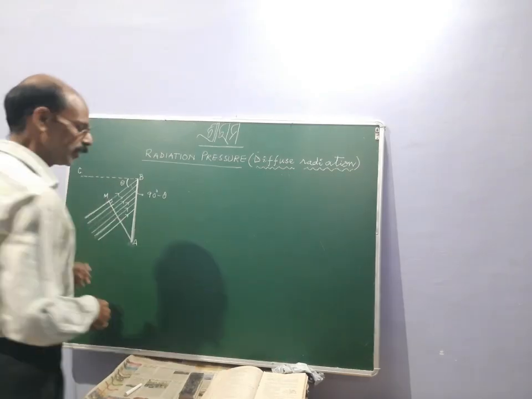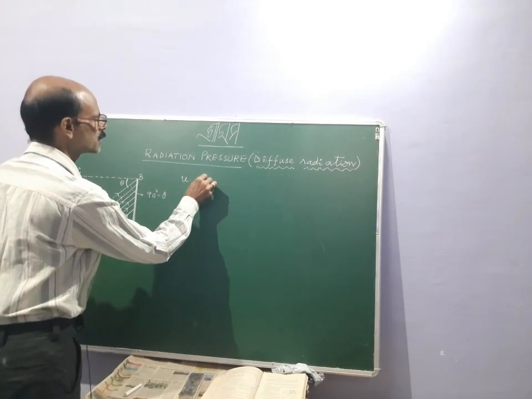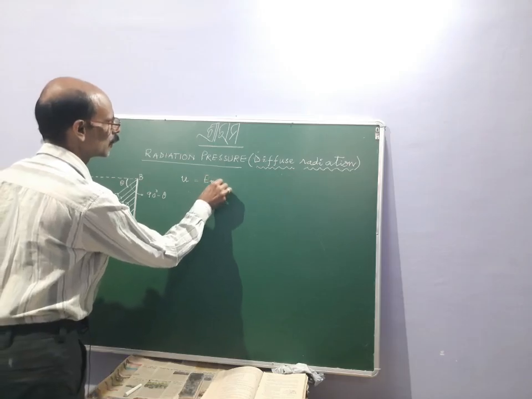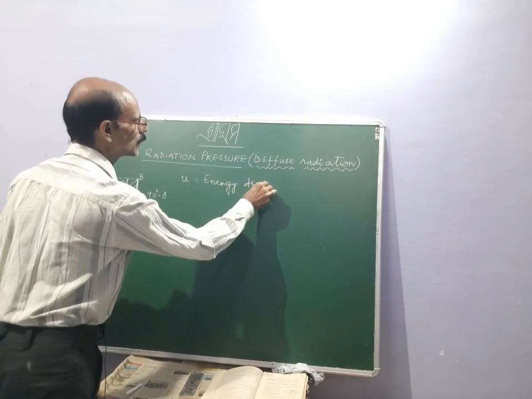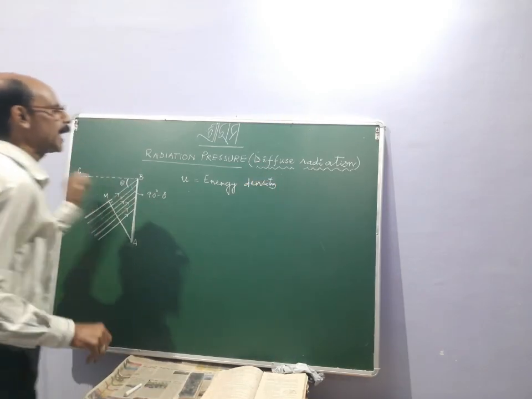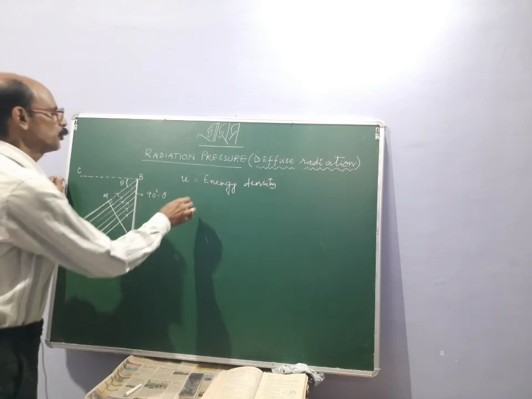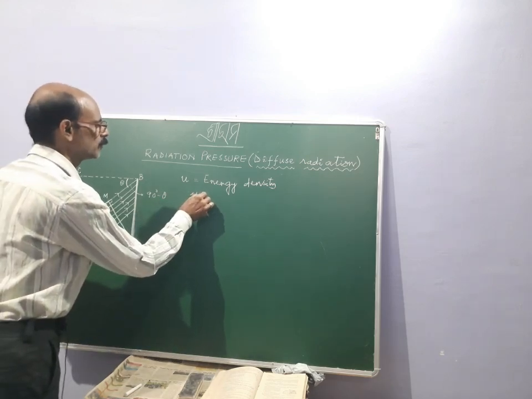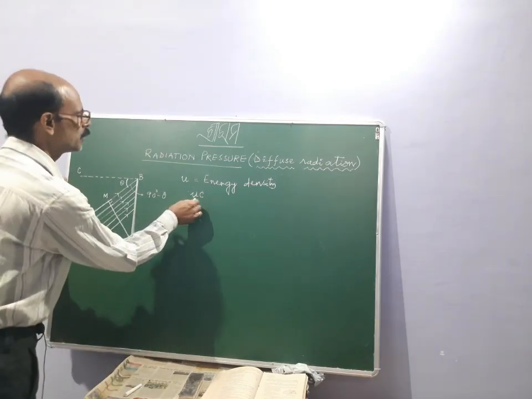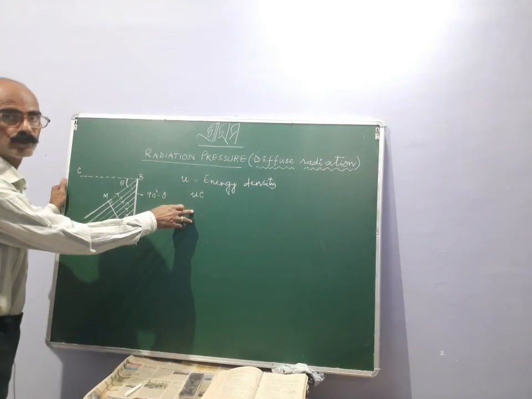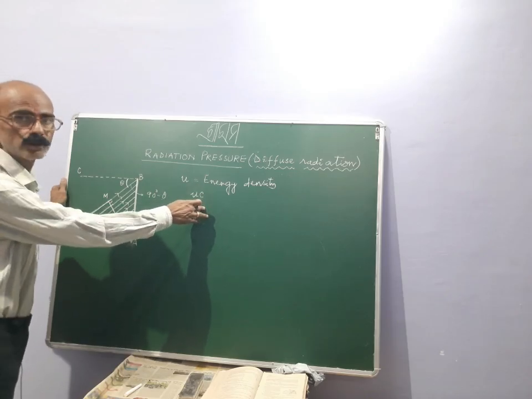Now we know that we generally denote U as the energy density. Energy per unit volume. That is U. If we multiply U with C, velocity of photon, then U is energy per unit volume, and C is distance traveled per time.